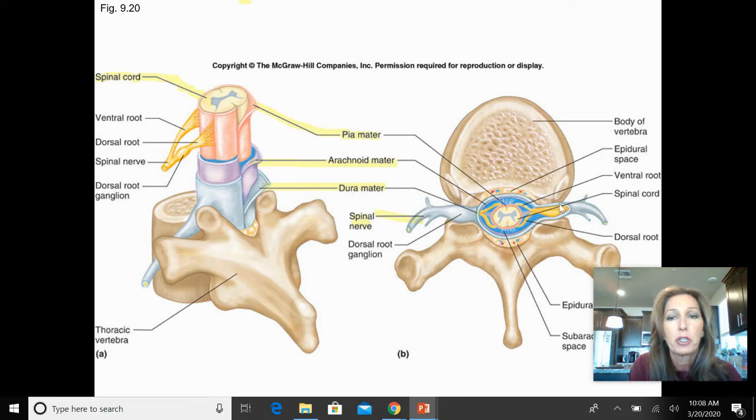Now, I'm going to use this picture on your test as well, because if we look at the spinal cord, it has kind of a butterfly shape in the middle. This shows you where the white matter versus the gray matter within the spinal cord is. When we show the reflex arc, those interneurons are here in the gray matter and only have to send a signal over a very short distance, so it doesn't have to go fast.